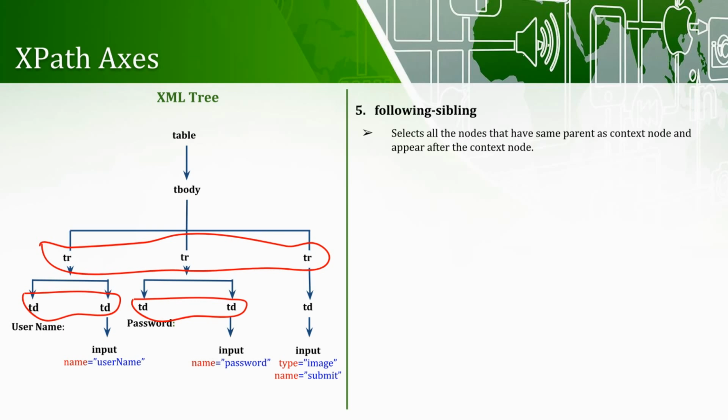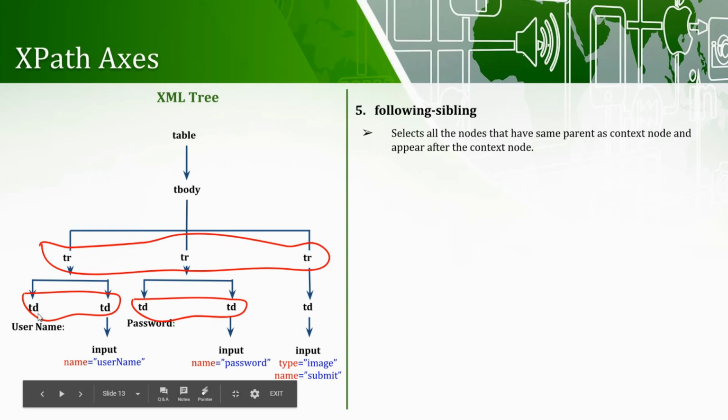For example, TR1, TR2 and TR3, all three are siblings because they have the same parent, that is table body. If I consider TR1 as my context node, TR2 and TR3 will be the output of following-sibling because they appear after TR1 as well as they are siblings of TR1 because of the same parent.